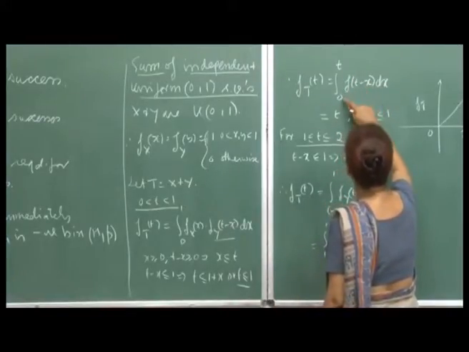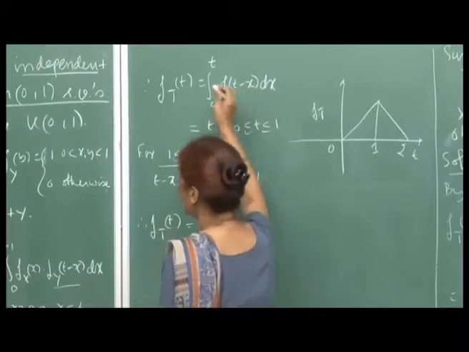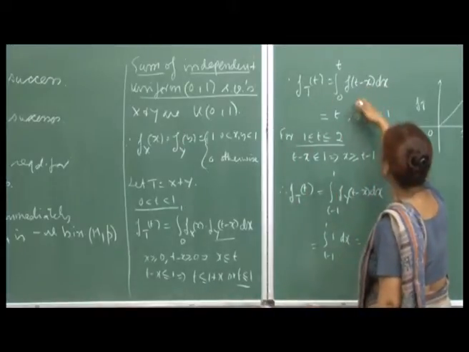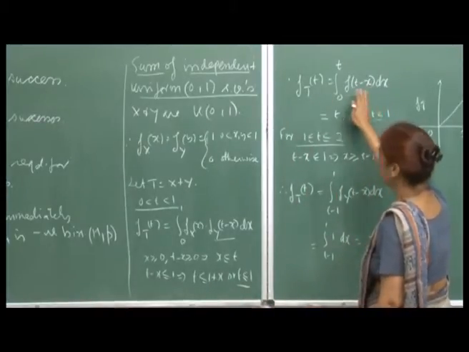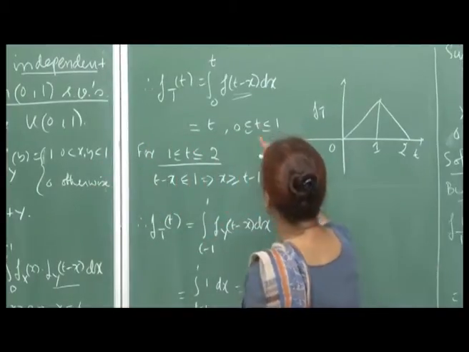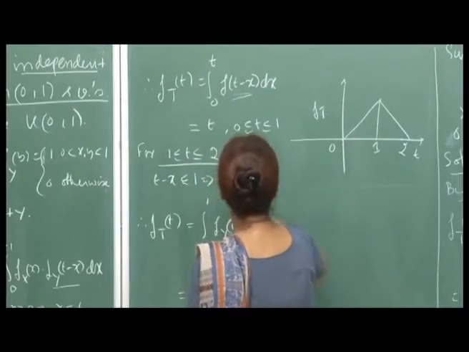Now, when x varies from 0 to t, this is well defined and within the range of values for y, and therefore this also is 1, and so this integral comes out to be t, for t between 0 and 1.